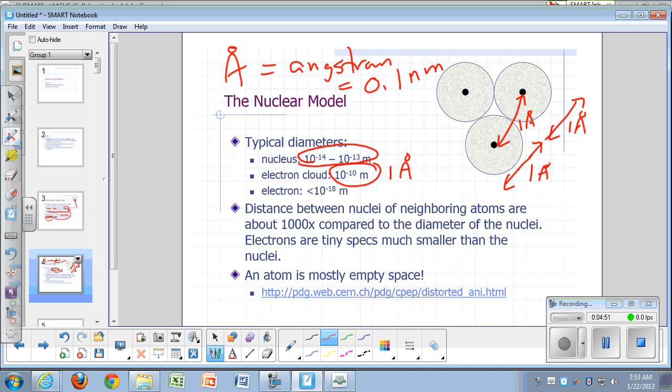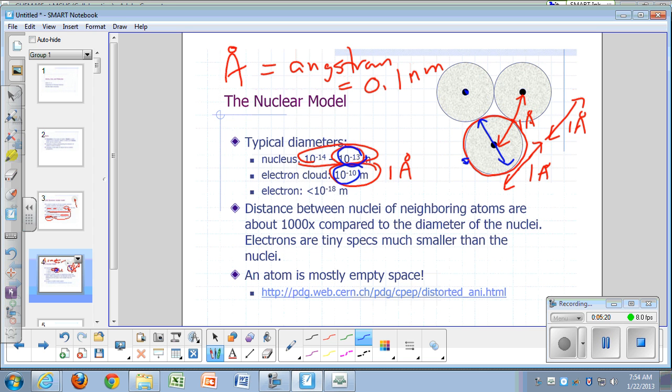Half that distance would be the radius of the atom, and that's typically where your electrons will be roaming around. The nucleus itself, you'll notice 10 to the negative 13 is 1,000 times smaller than 10 to the negative 10. So this little tiny spot is only 1/1000 of the entire diameter of an atom.